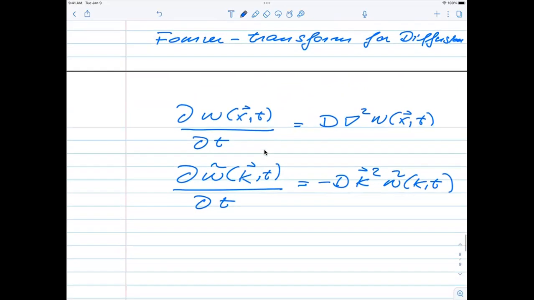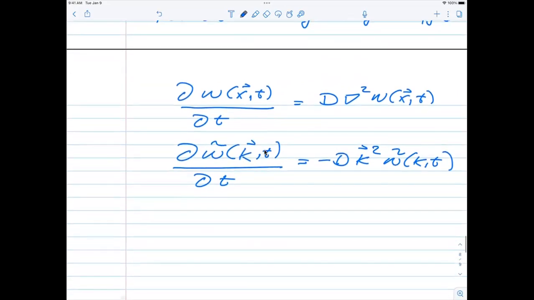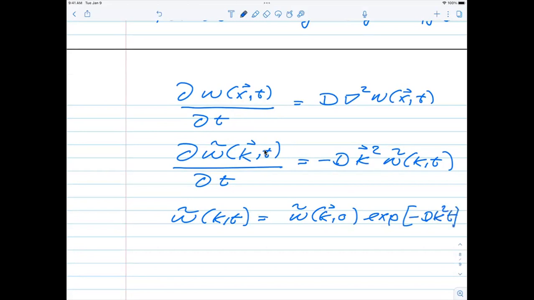That's why people often use Fourier transforms for solving differential equations. And we can easily find the solution here for k as a function of t, and that's given by w of k at t0, multiplied with the exponential of minus D k squared t.